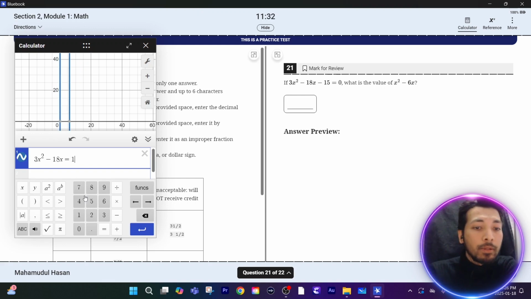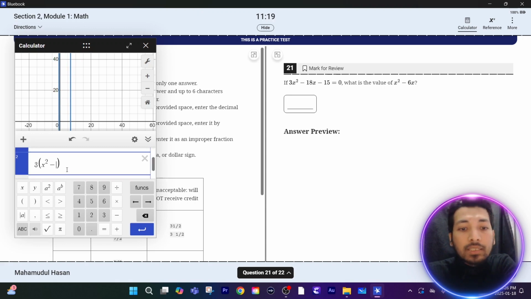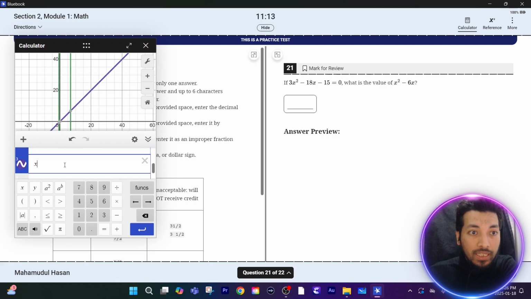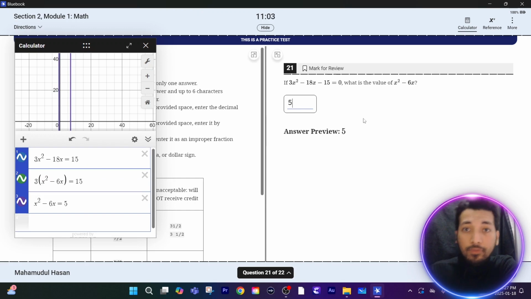We get 3x squared minus 18x is equal to 15. Now we can factor out 3 from 3x squared minus 18x. We divide both sides by 3. We get x squared minus 6x is equal to 5. So 15 divided by 3 is 5. So the correct answer is 5.